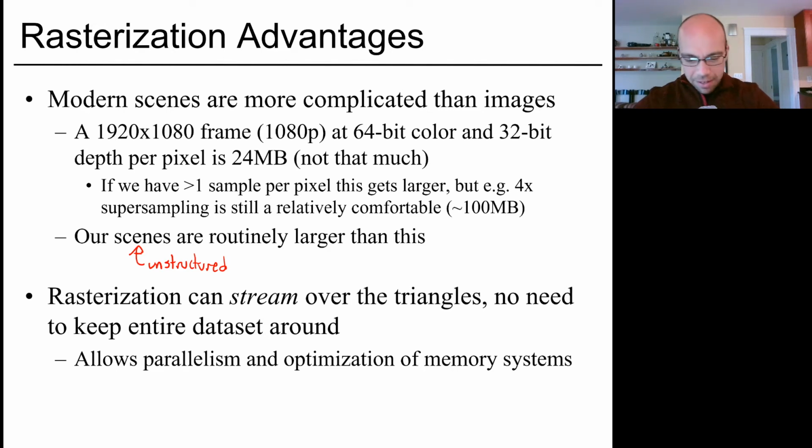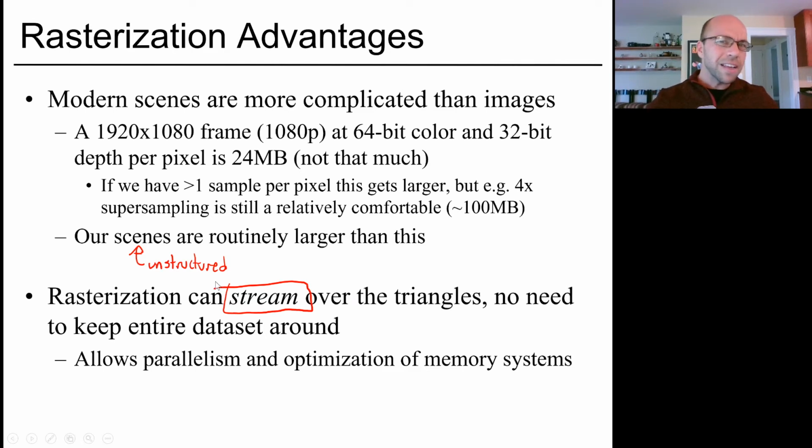So in effect, the rasterization algorithm can actually stream over the triangles. I can feed, like a card dealer, one triangle at a time to my graphics card. It renders it onto the current scene, and I no longer have to keep the entire set of triangles around. And this allows all kinds of cool parallelization, optimization of your memory, and so on that we couldn't do during ray tracing.